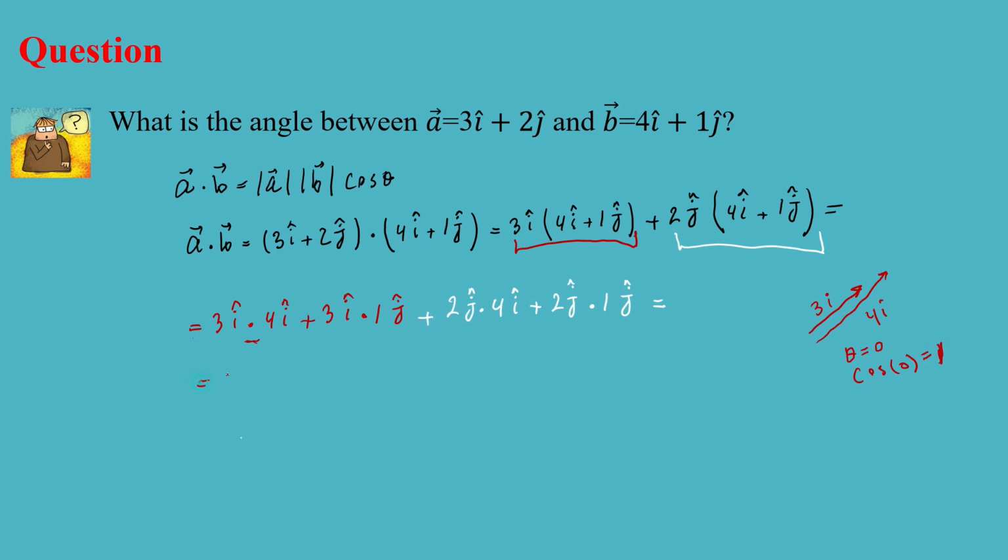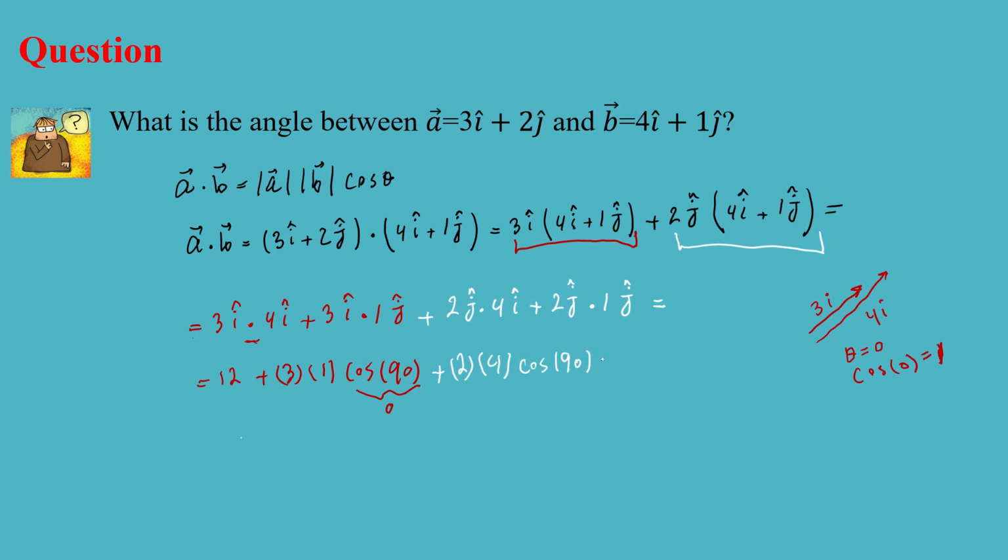So then this is going to be 12, with cosine theta equal to 1, plus now 3 times 1 times cosine 90, right? Because now I have i and j, and cosine 90 is going to be 0. What about the second part? Here I have 2 times 4 times cosine 90, right?